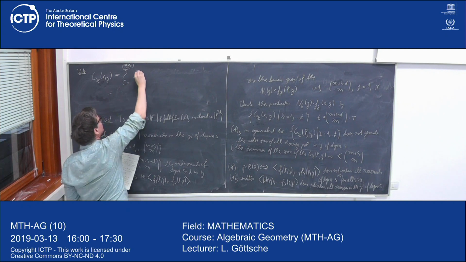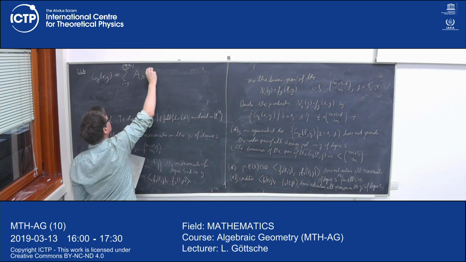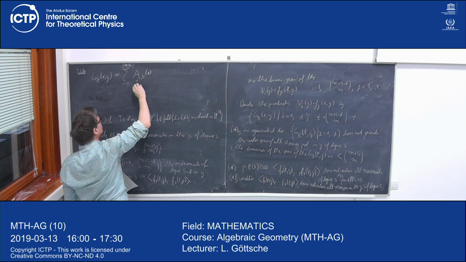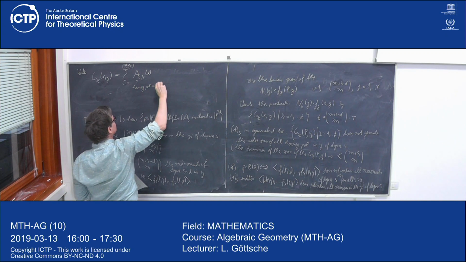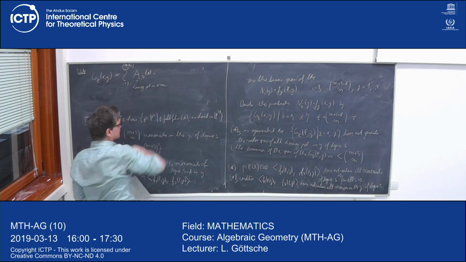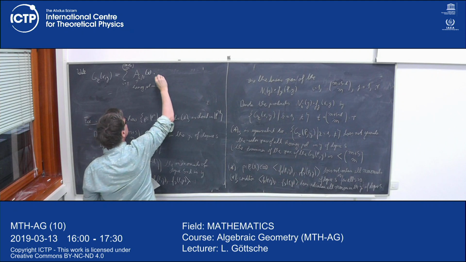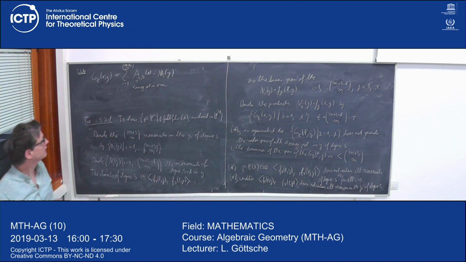We have some polynomial a I k of x, a homogeneous polynomial in the x variables, times the corresponding monomial, which we had called mi. So we can write it in this form.